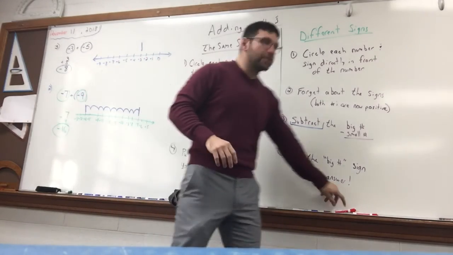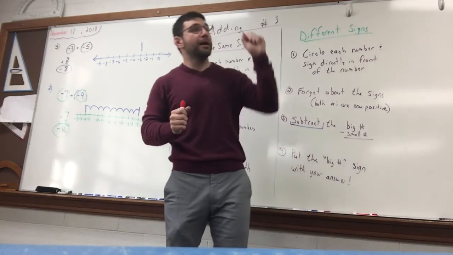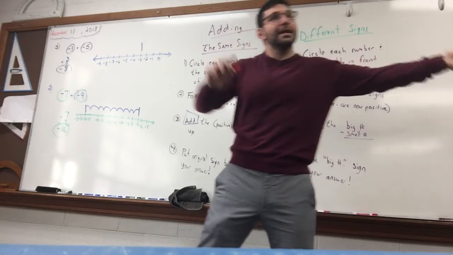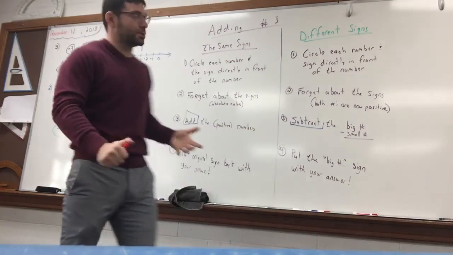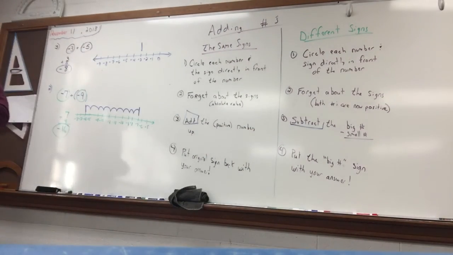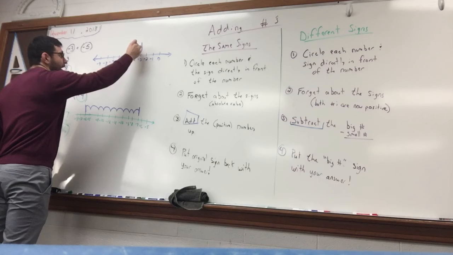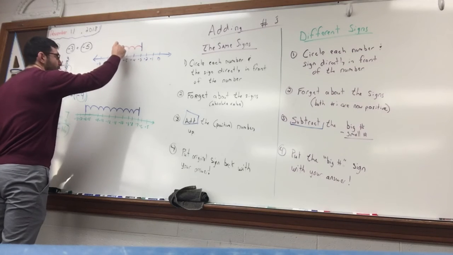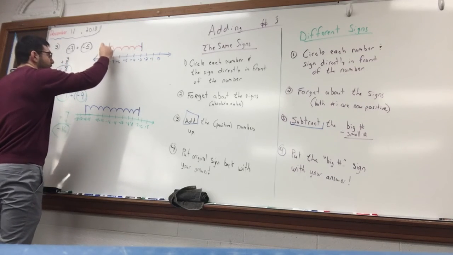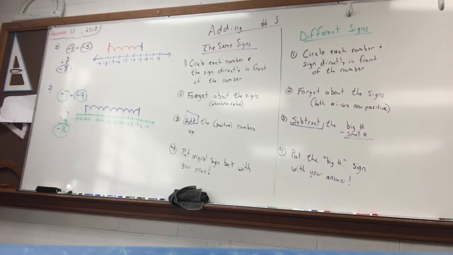So negative is a direction, okay? Positives go to our right, negatives go to our left. So which direction do I have to go when I'm adding another -5 more, Ryan? Left. So now I'm adding -5 more. 1, 2, 3, 4, 5. And it gets me to the same answer of -8. Questions? Relatively easy, right?